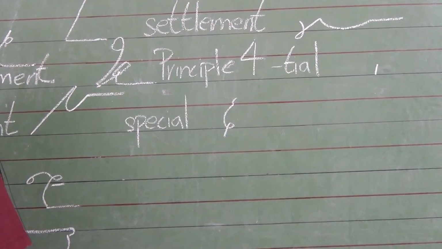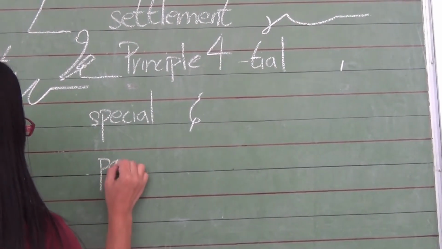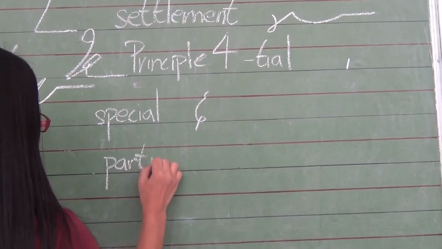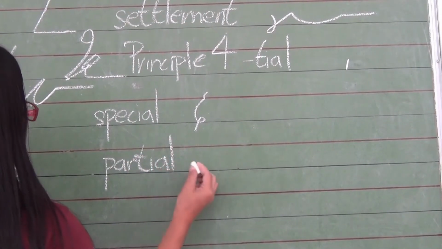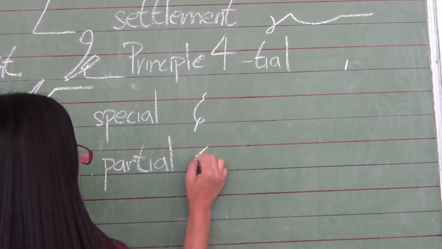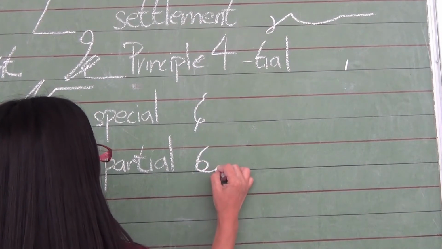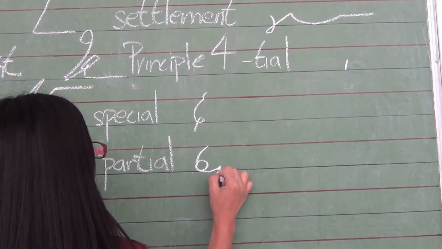Next, partial. It is represented by P, A, R stroke, and each stroke.